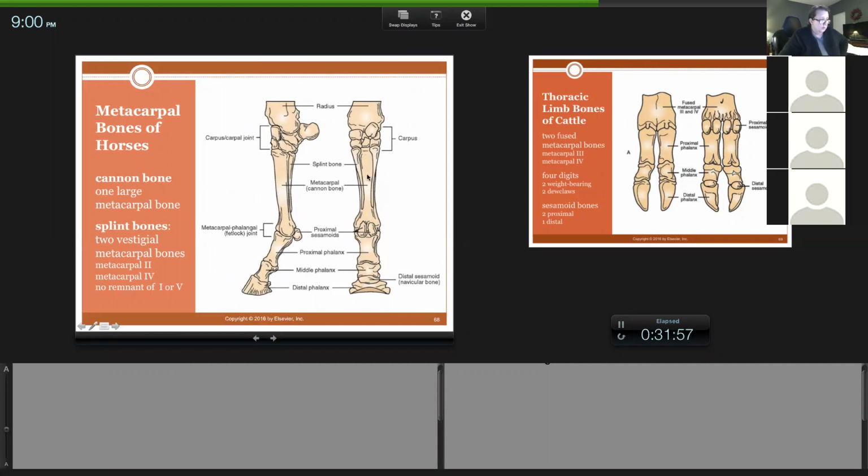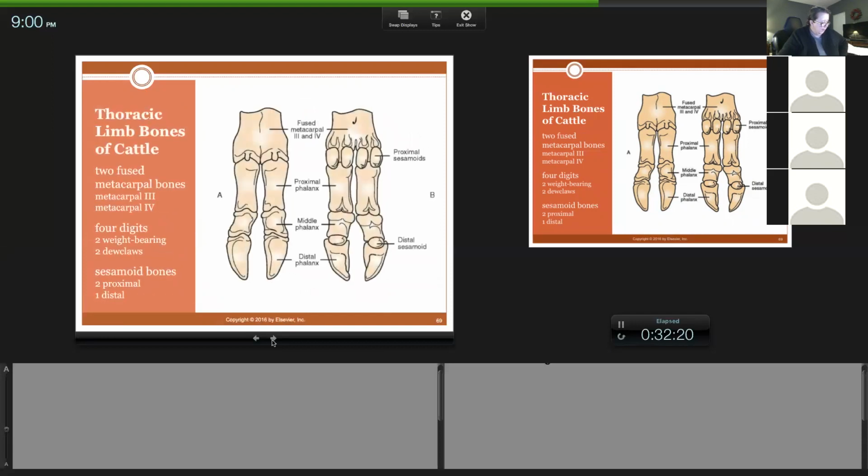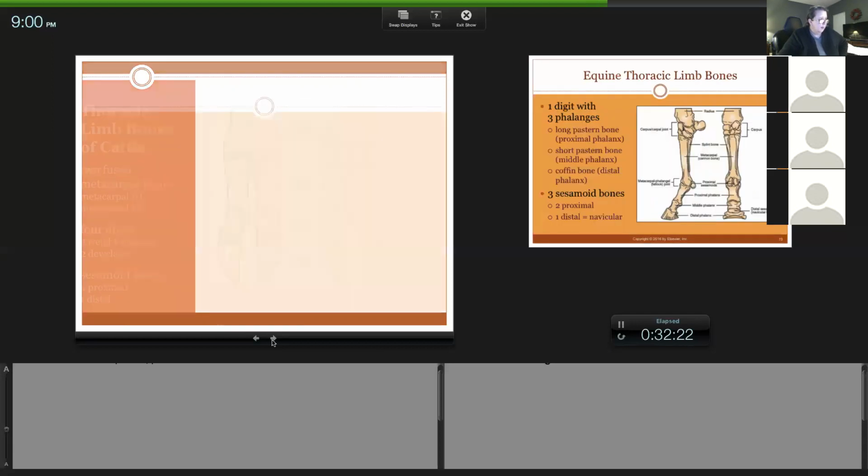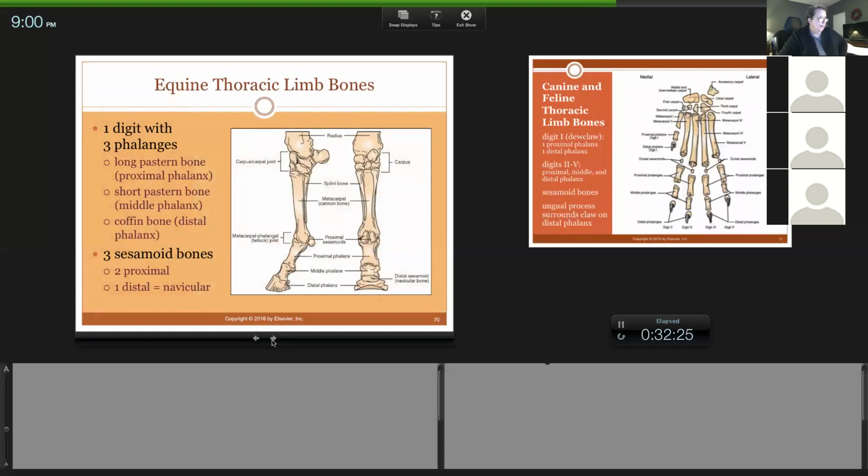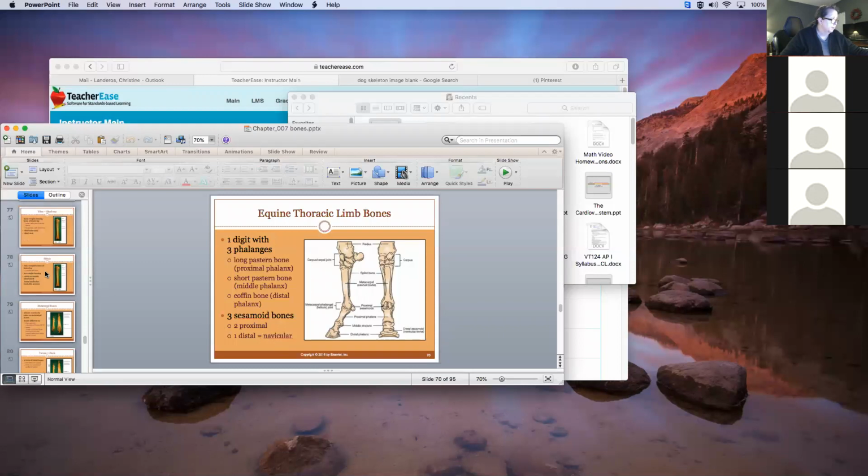Just to review, this is on the horse. This is metacarpal 3, which is the cannon bone. Metacarpals 2 and 4 are the splint bones. That was an exercise in the lab book, so hopefully you didn't have any questions on that. And then we've got no 1 and no 5 on the horse. So you don't have to know the cow limbs.